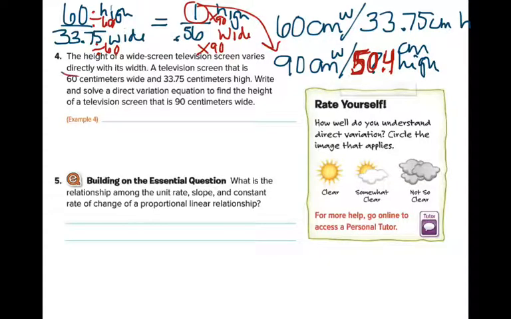And the reason this is when it says varies directly, that just means that there is a general rule for sizes of widescreen TVs, and that pattern needs to be followed. There's a ratio that is expected and that can be assumed for every widescreen TV.